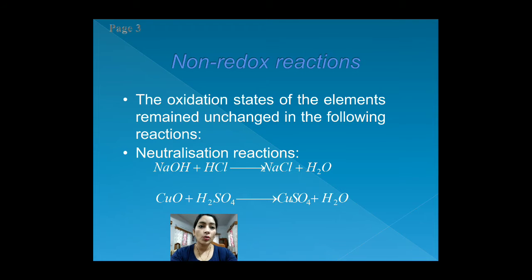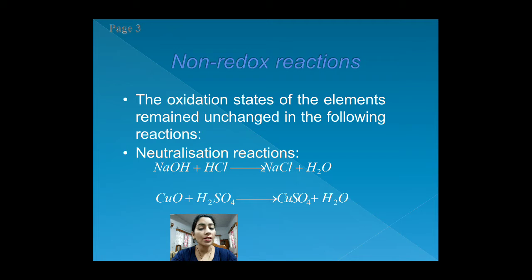First, we will go through what a non-redox reaction is. Such a type of reaction in which neither oxidation nor reduction happens is called a non-redox reaction. We have different examples of this. First is the neutralization reaction. In this, the oxidation state remains constant in the reactant and the product, that is a non-redox reaction.